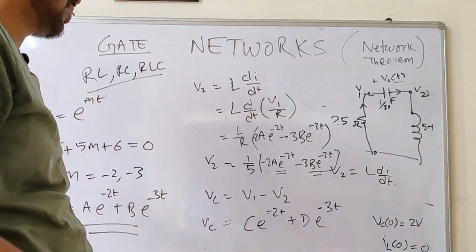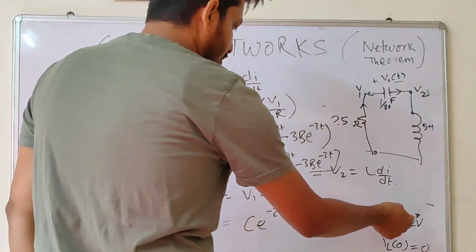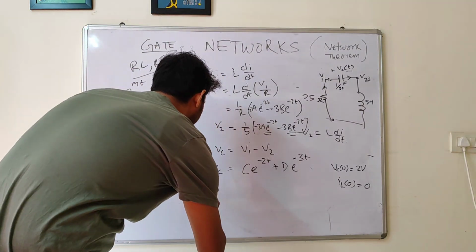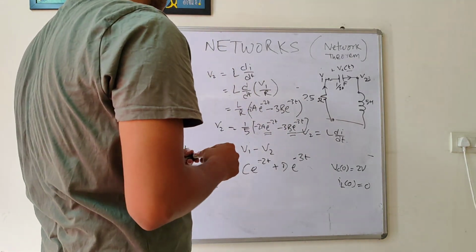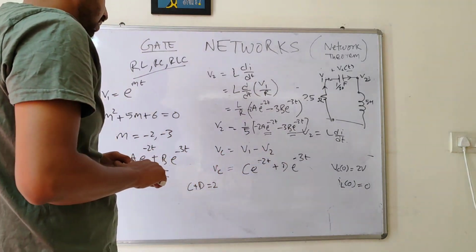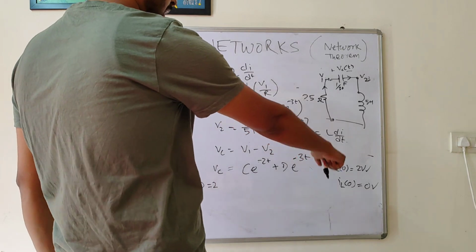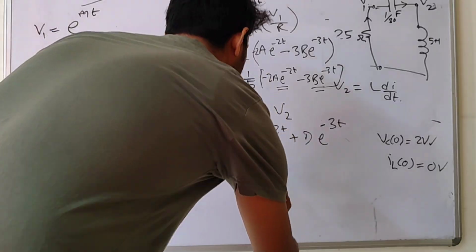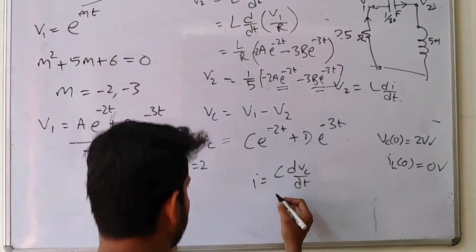Now to solve this, we use the initial condition. We know that at t equal to 0 this was 2 volt, so C plus D is equal to 2. Now with two variables, we need one more equation. What else do we know? We know that IL is equal to 0 initially, and I is nothing but C dV/dt, which is 0 initially.